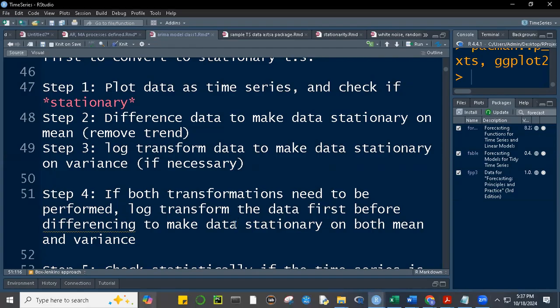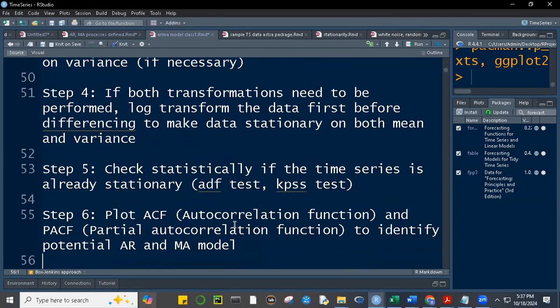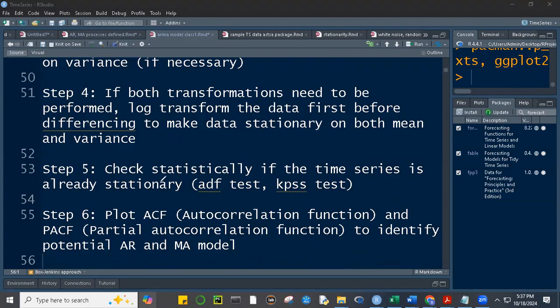Okay. So ngayon, pagkatapos natin class magawa yung transformations, no? Once we are able to do the transformations, pwede na natin class, of course, i-plot nyo ulit, tapos mukhang stationary na, hindi pa pwede yung visual lang, kailangan statistically itatest natin. Okay? So this one, kailangan statistically test using either ADF test or augmented Dickey-Fuller test.